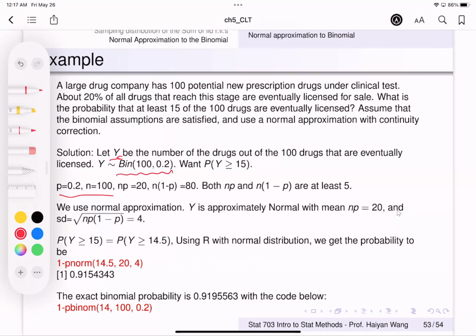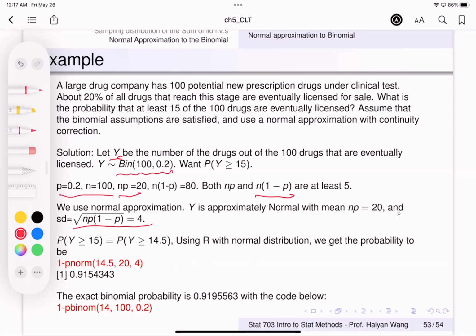For this one, we first compute the mean of y and the variance of y. The mean is equal to np, and the variance is equal to np times 1 minus p. After finishing the computation, we see the standard deviation becomes 4. The mean and the standard deviation will be used in the normal approximation to the binomial.